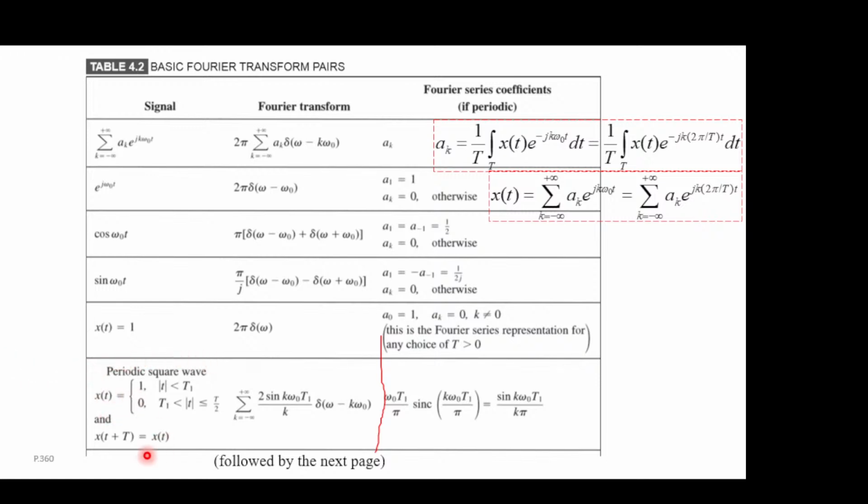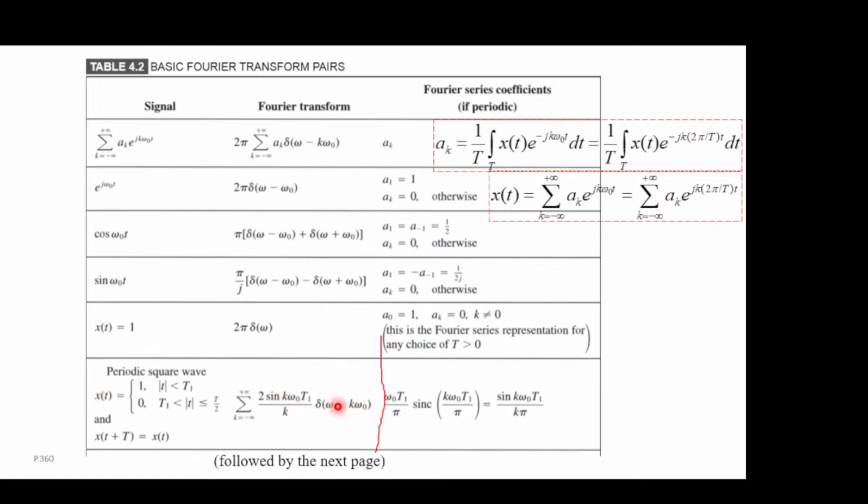And then the square wave function, it's a little weird. We can have a periodic square wave function, and its Fourier transform is a little bit weird. You have a summation over different k, kind of like a sinc function summing over different k.